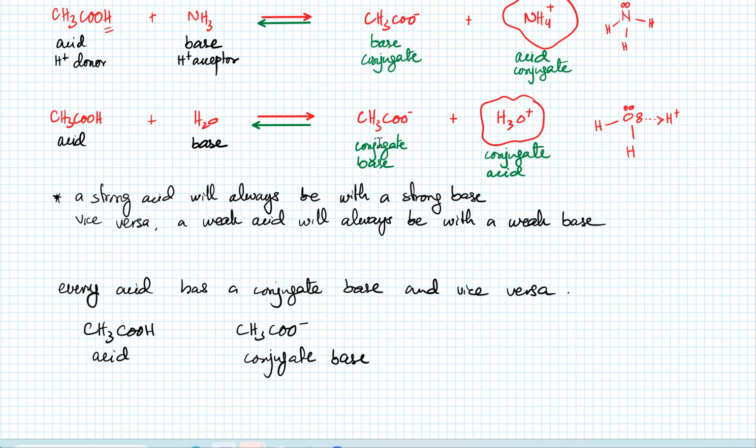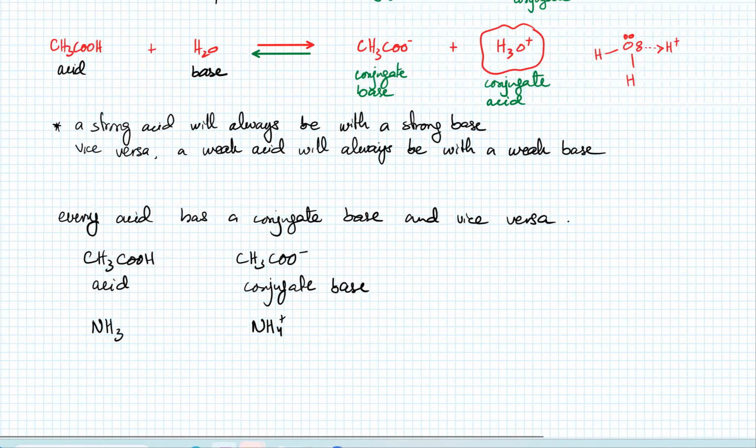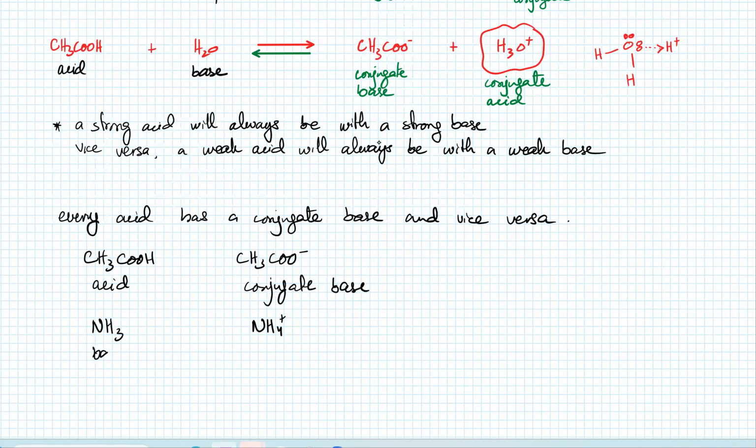Yep, it's clear. You got ammonia. On the other side, you got ammonium ions. So ammonia is your base. Ammonium ions are your conjugate acid. So they always exist in pairs.